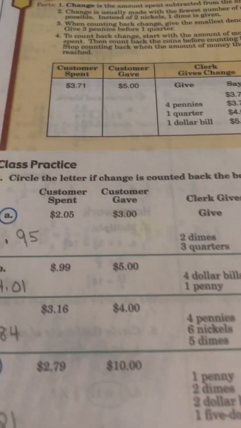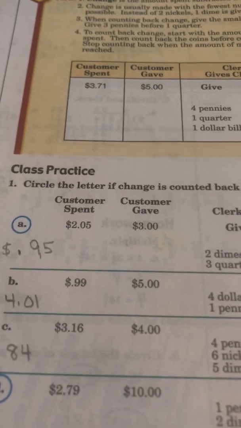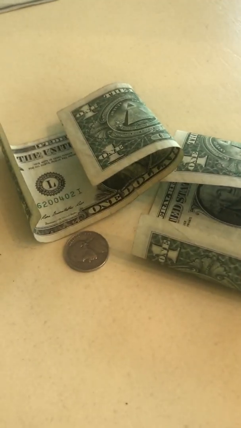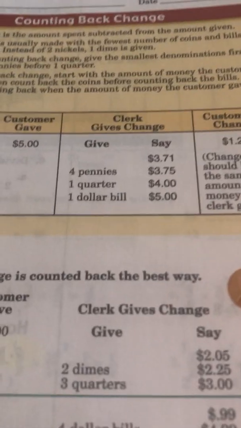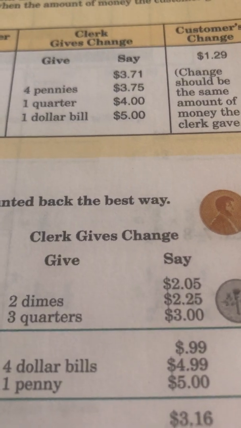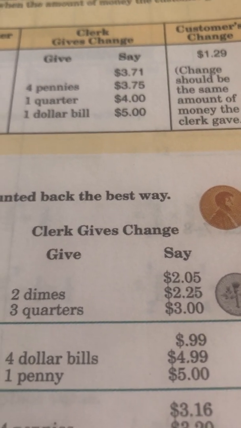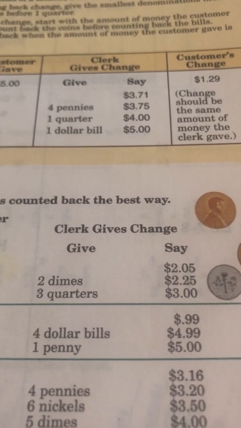All right, now the customer spent $2.05. So you've got $2.05, you see that? That's how much they spent. How much did they have again? $3. So we have to get from $2.05 to $3.